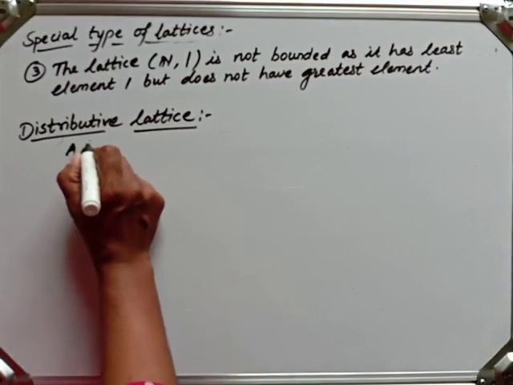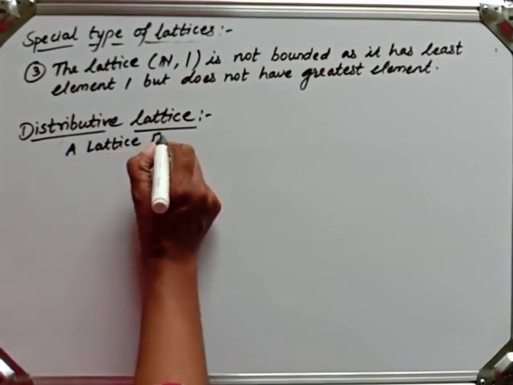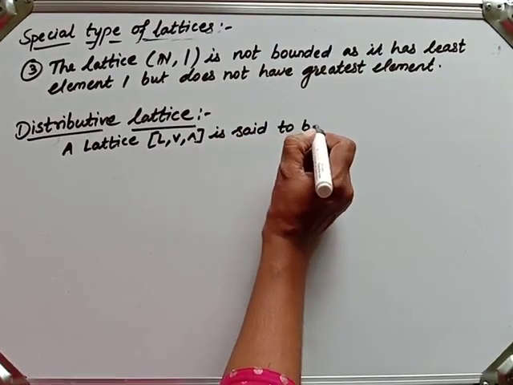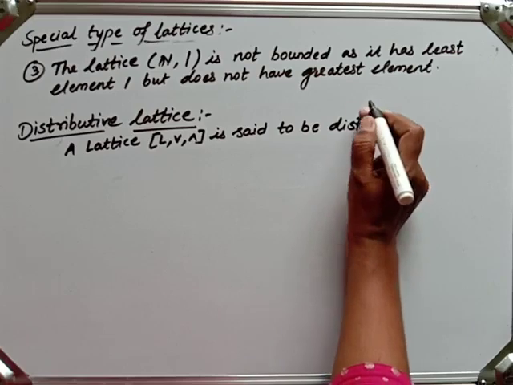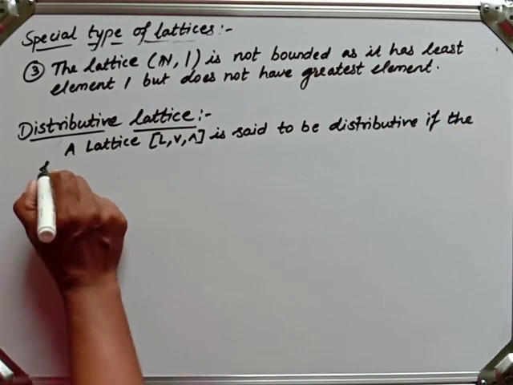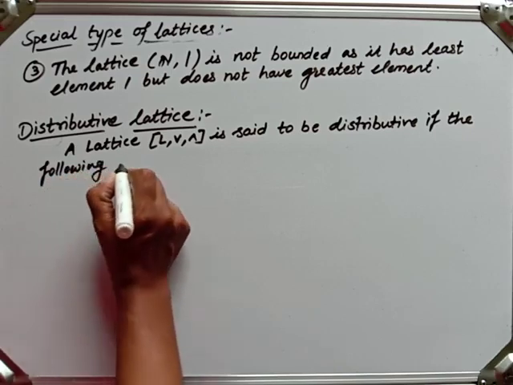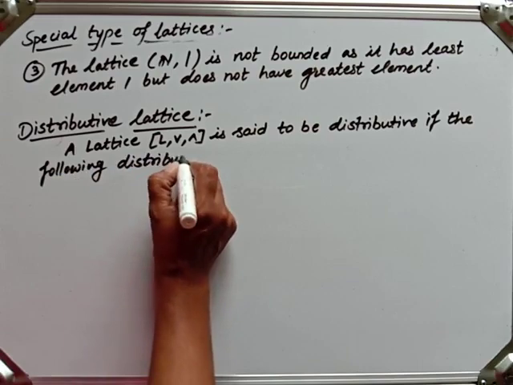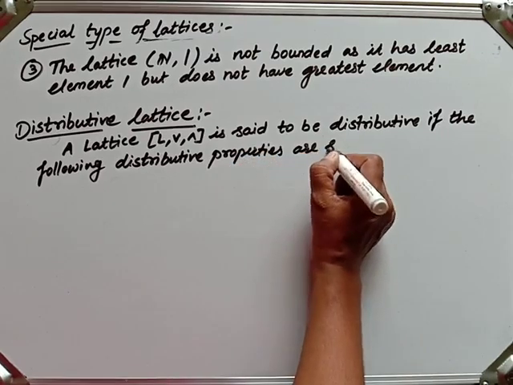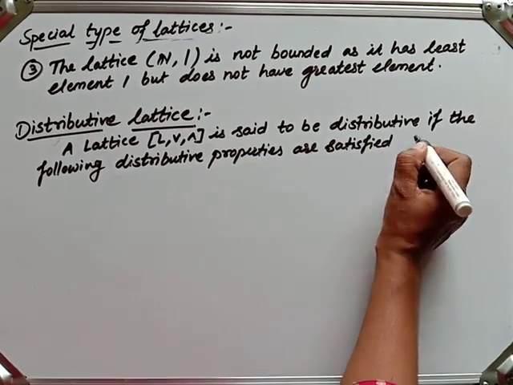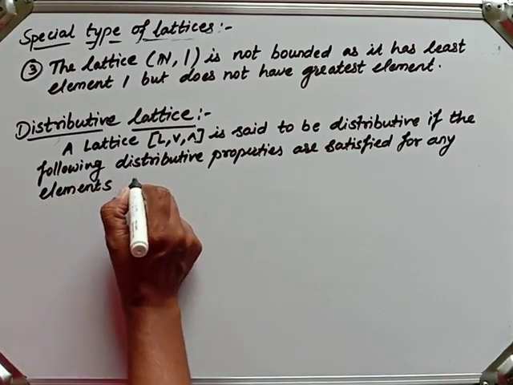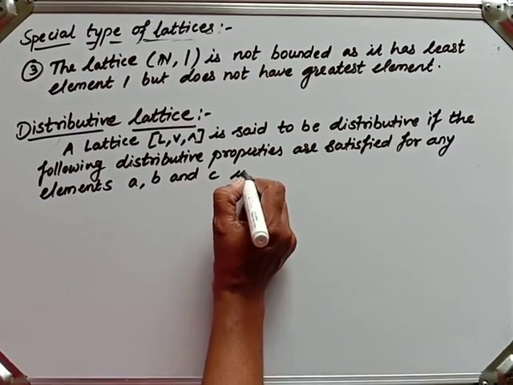So a lattice L with join and meet operations is said to be distributive if the following distributive properties are satisfied for any elements a, b and c in L.